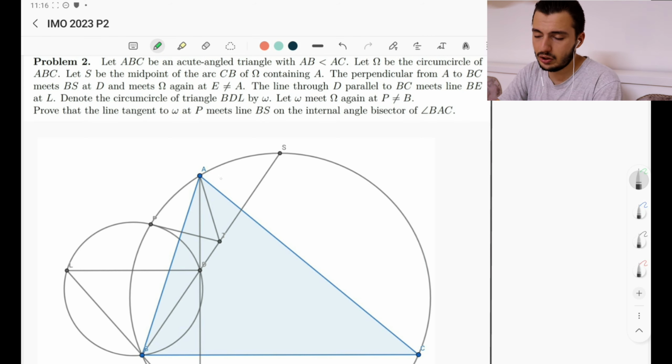After we draw this circumcircle, we intersect it with our original circumcircle of triangle ABC at point P, this point.